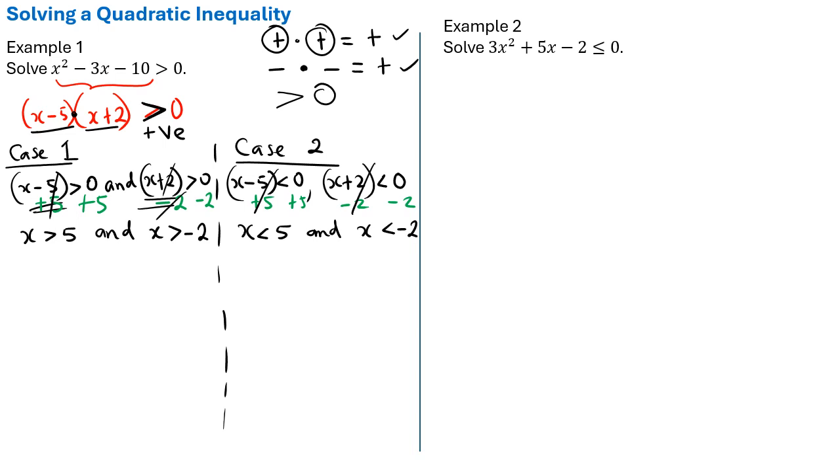So here's what you're going to do. You're going to find a way to combine these. Take x is greater than 5 and x is greater than negative 2. What does this mean? It means you want to look for a single interval that captures this information. X is greater than 5.